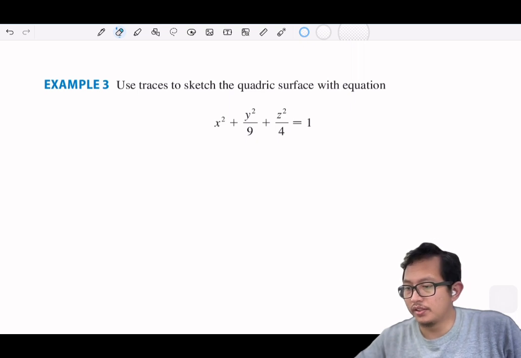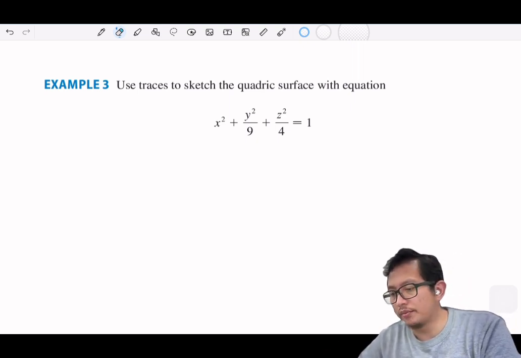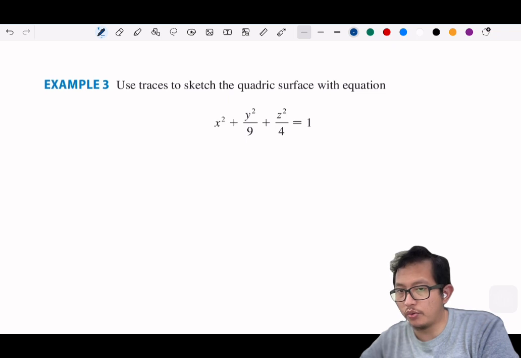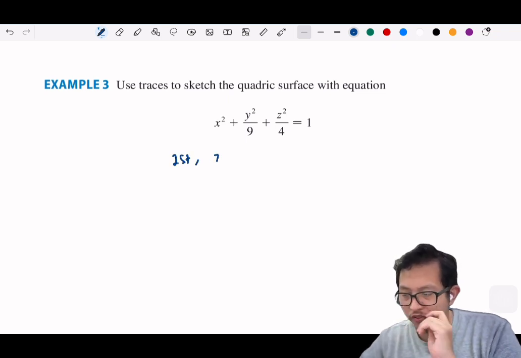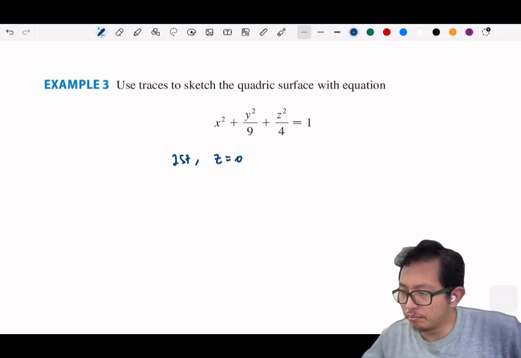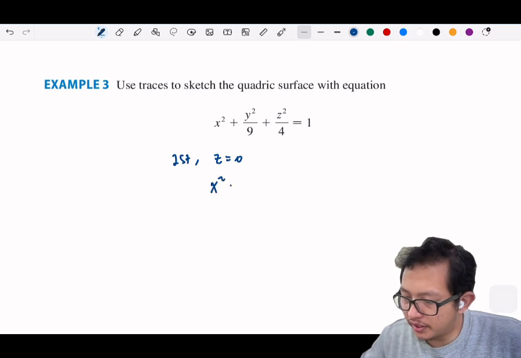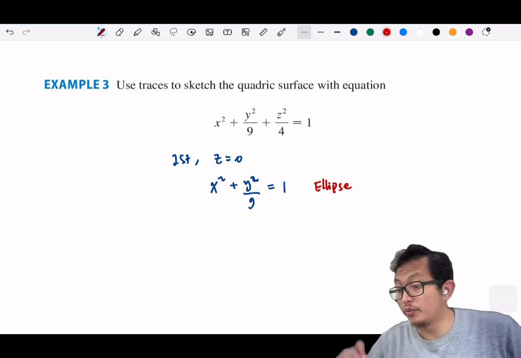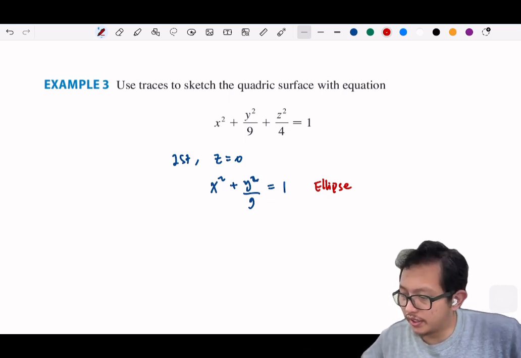Okay, so the first example is to trace x squared plus y squared over 9 plus z squared over 4 equals 1. Now, of course, we can start by first taking, let's say, z equals 0. If z equals 0, then we have an ellipse, right? This is an ellipse.